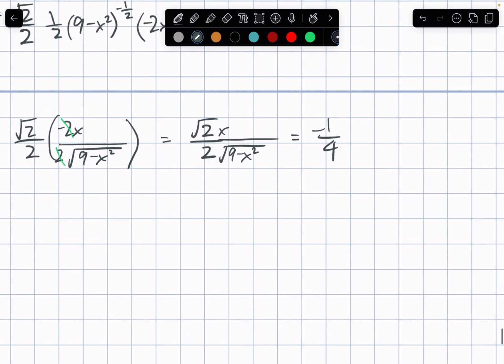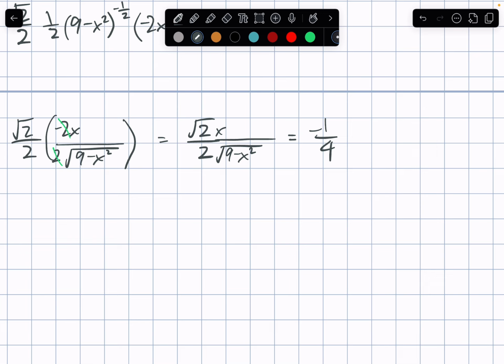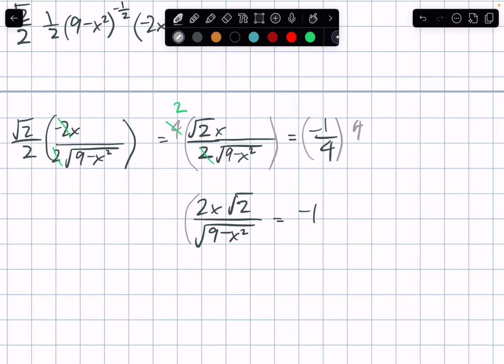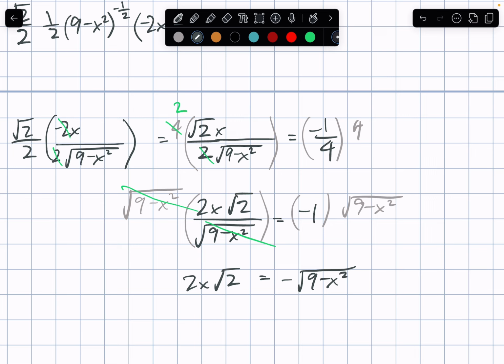and we identified earlier that its value is negative 1 over 4, right? So from there, let's try to identify what the x value is. So multiply both sides by 4, cancel. 2x square root of 2 over square root of 9 minus x squared, negative 1. Multiply both sides by the square root of 9 minus x squared. So these will cancel. 2x square root of 2 is equal to negative square root 9 minus x squared.